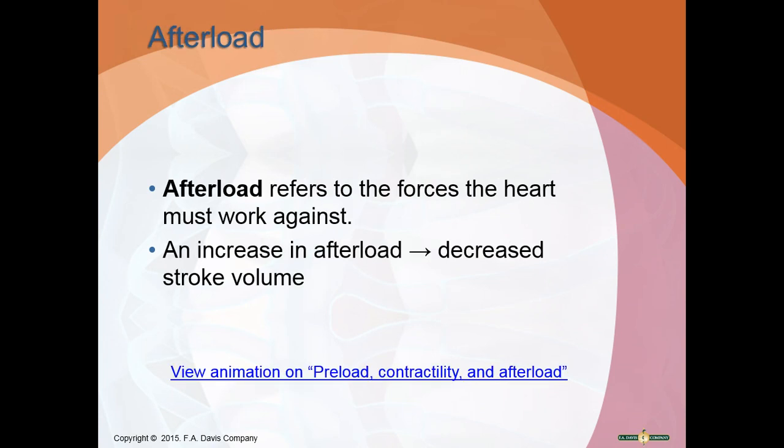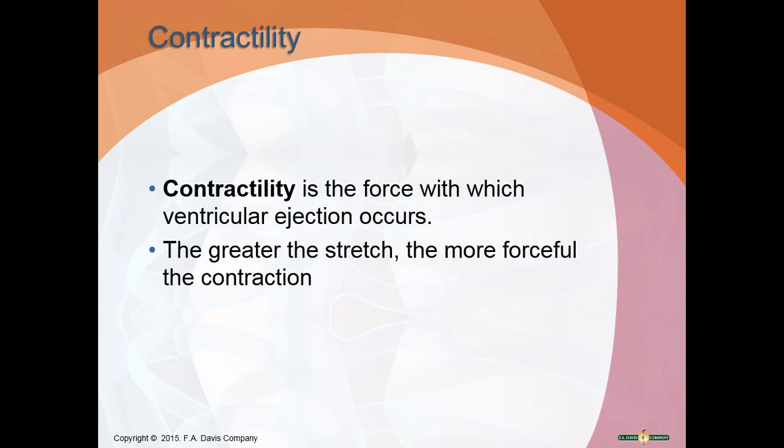Contractility, let's go back one, is the force with which ventricular ejection occurs. The more the ventricle is stretched within limits, the more forcefully it will contract, and this is Starling's law of the heart. The amount of blood in the ventricle at the end of diastole, that's the relaxation cycle of the heart, determines how much the ventricle is stretched.